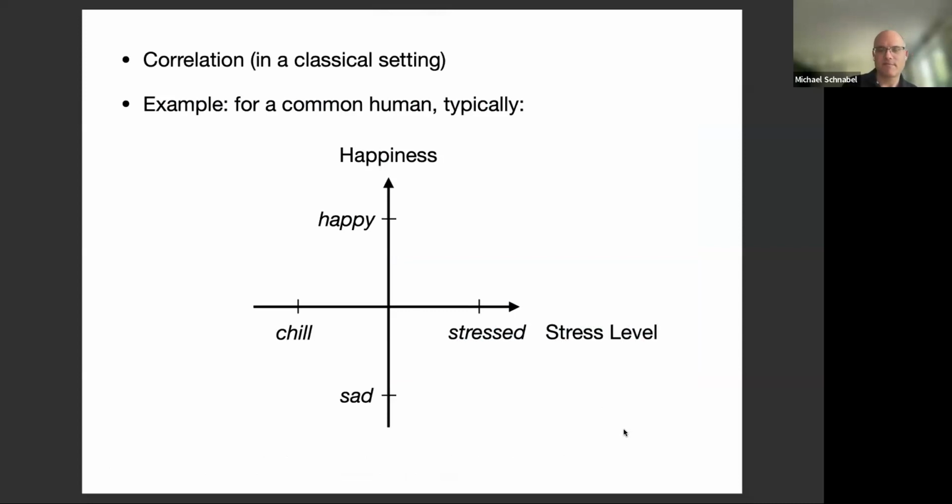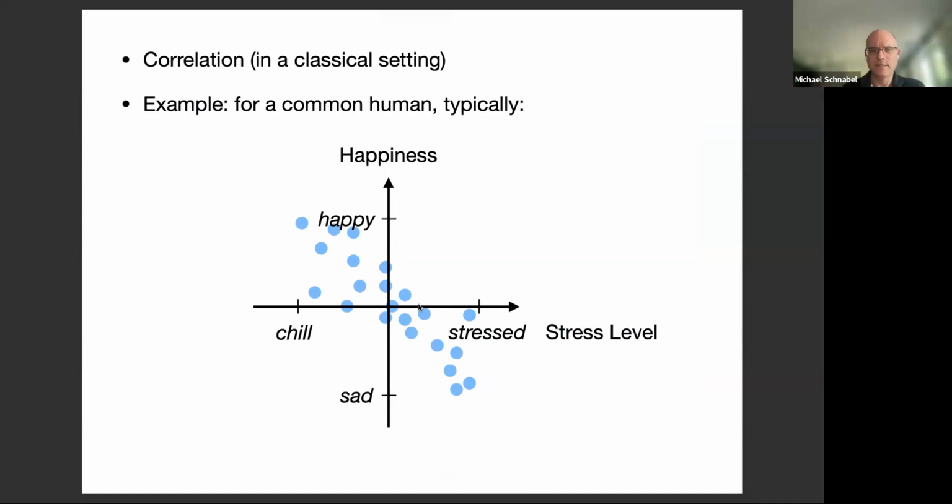Okay, so let's find a way to represent this in a picture. Let's look at stress versus happiness for a typical human. Typically, the more stressed you are, the more sad you are. When you are relaxed, you are happy.